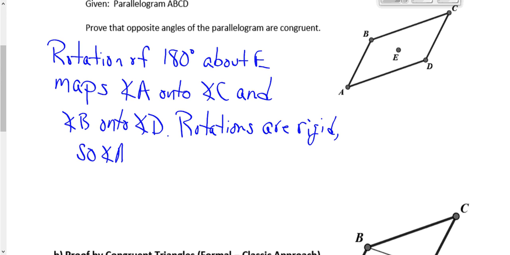Angle A congruent to, how we wrote it, and yep, angle C. And what else? Angle B is congruent to angle D. There you go. And thus proving that these opposite angles that we said are congruent, so we prove what they want. Okay? Informally. All right? So make sure your flow charts are up before we go on to this next one. Okay?